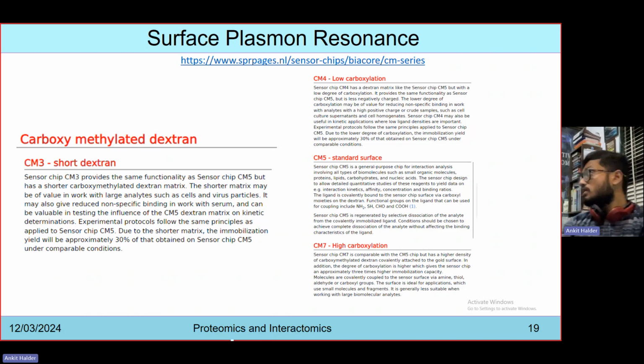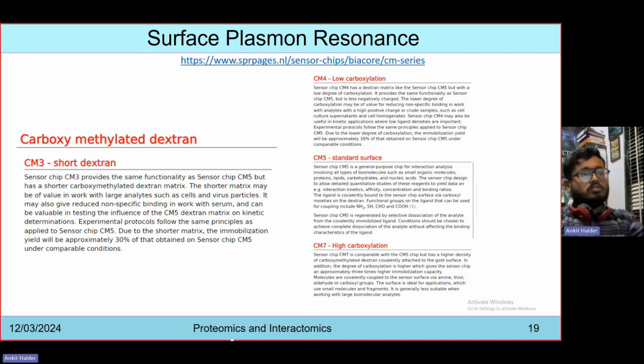So we cannot use large molecules with high carboxylation. That's why the low carboxylation chips CM4 and CM3 have been developed and used. So we should not go for higher carboxylation when we are using large analytes.